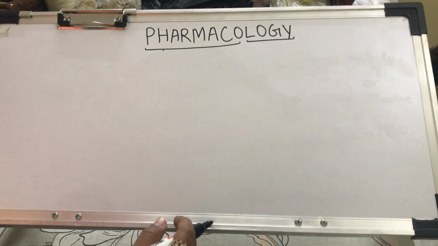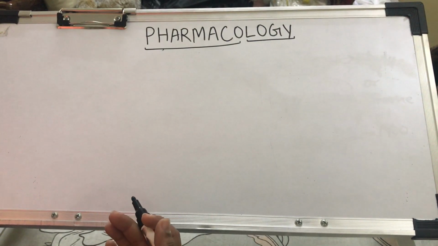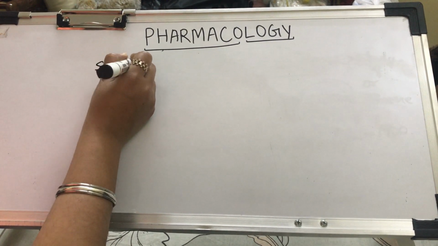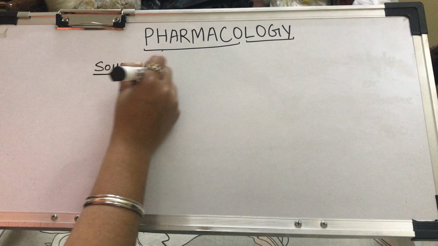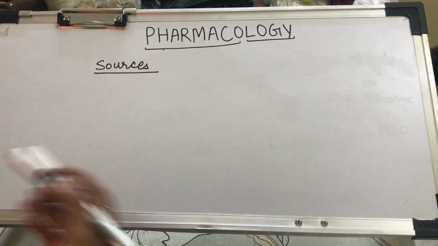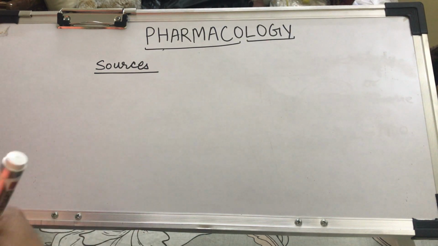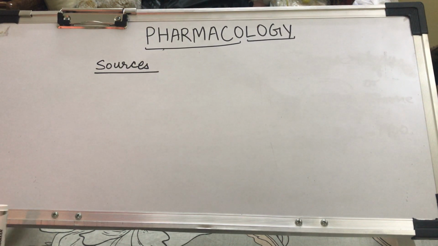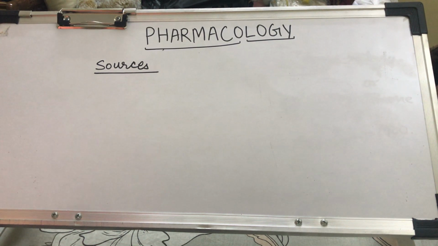Okay, now where are these drugs coming from? What are the sources of these drugs? These drugs can be obtained from different sources. There are certain animal sources, for example, we are obtaining insulin nowadays from animals. There are plant sources, we are obtaining digitalis, and opioids we are obtaining from plants.